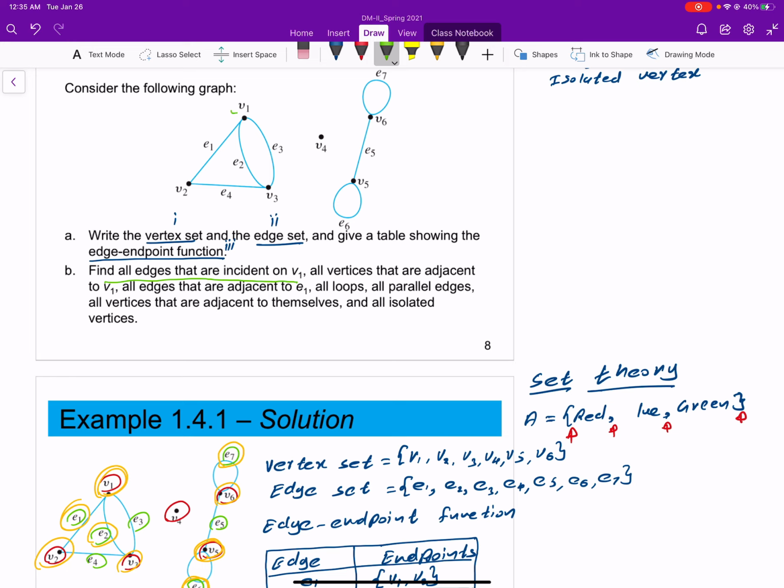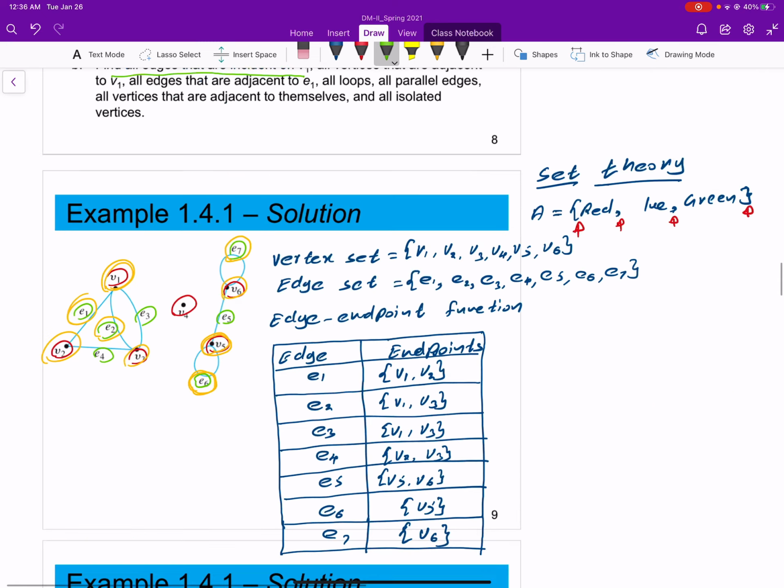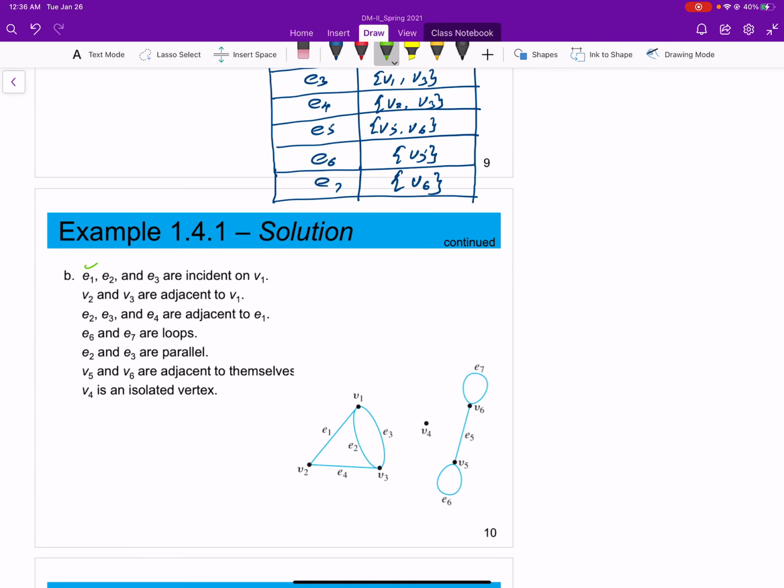Just catch V1, that's V1. So what are the edges incident on V1? Those are E1, E2, E3. Okay, so this is the solution. E1, E2, E3 are incident on V1.